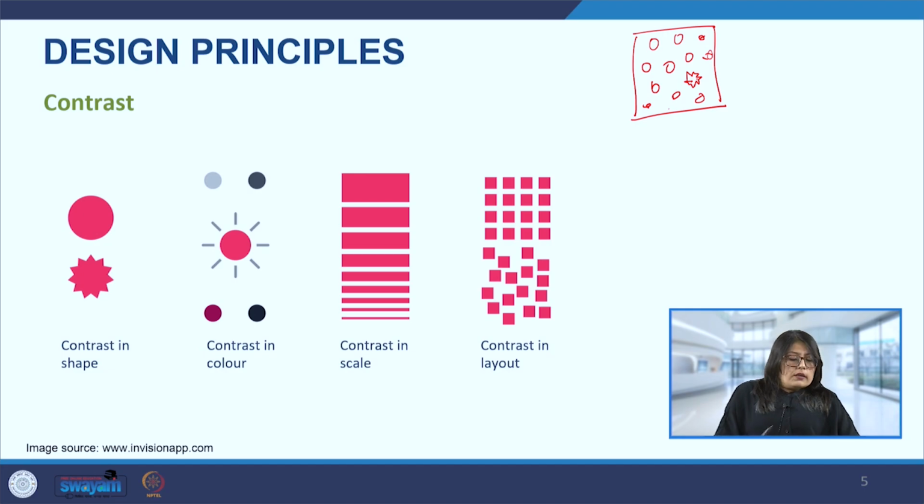Also there is contrast in color. We can see the monochromatic color and the darker and lighter color, and contrast in scale. Here we can see how the scale is changing, from large to smaller and smaller further, and contrast in layout. On the top, in this part, the layout is very balanced.